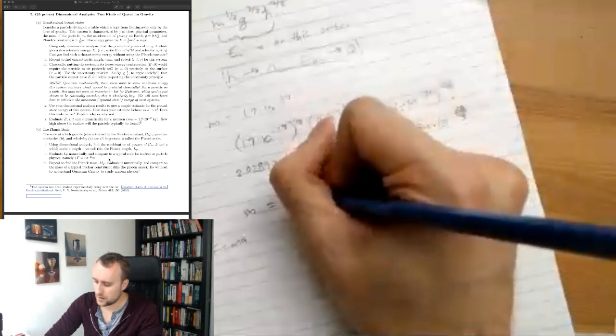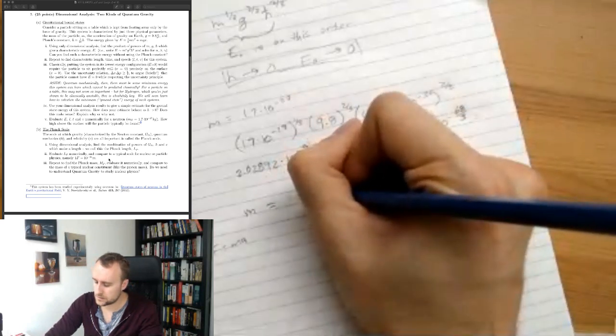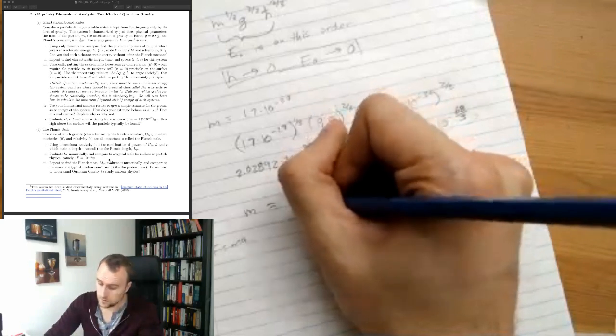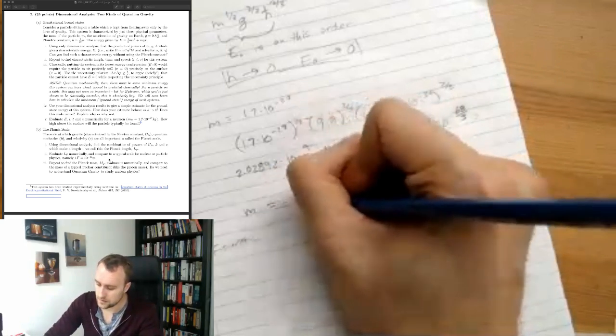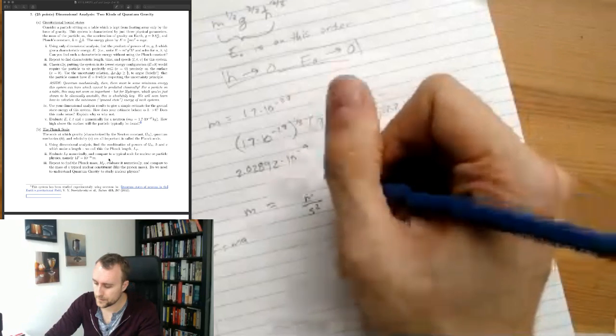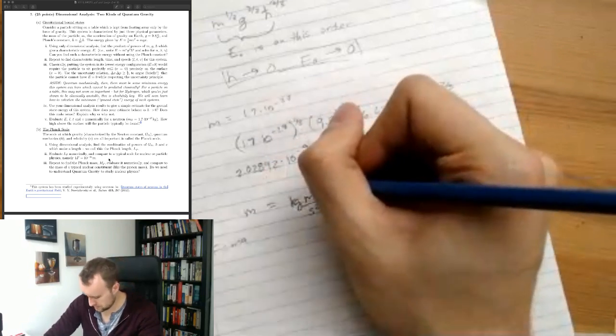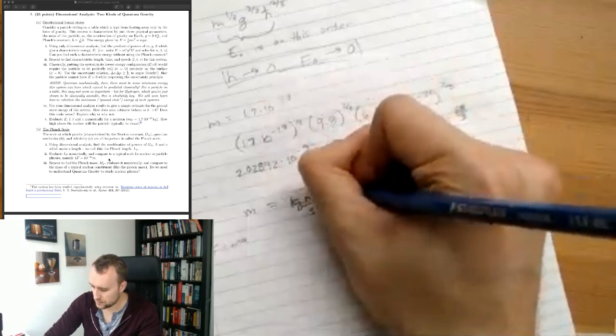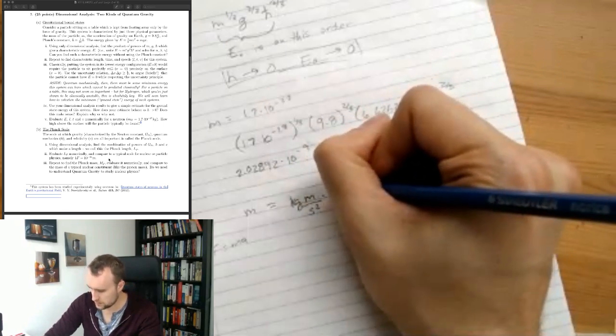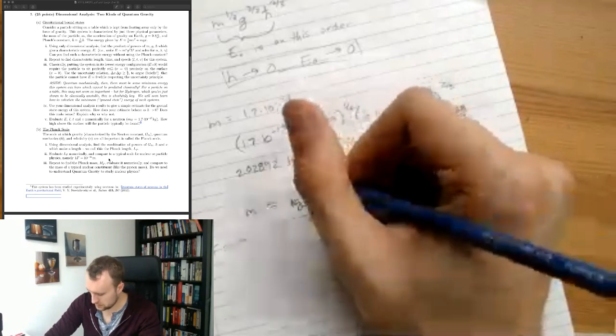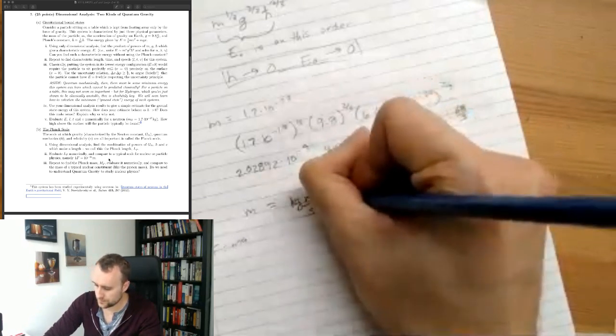So therefore, we have meters divided by second squared times kg, and then this is times meters squared divided by kg squared.